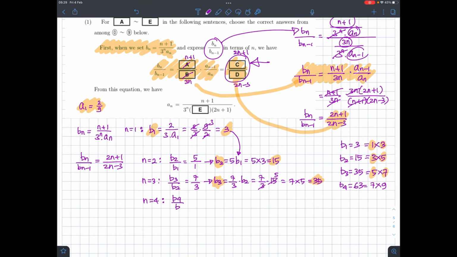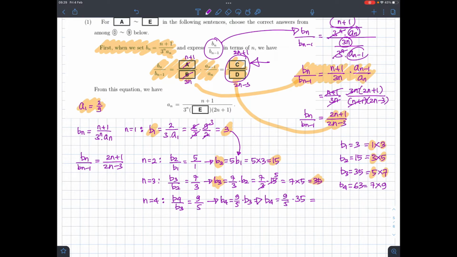b4 over b3 equals 9 over 5, I think. You put 4, 2 times 4 is 8, minus 3 is 5. So from here you get b4 equals 9 over 5 times b3, which is 35.